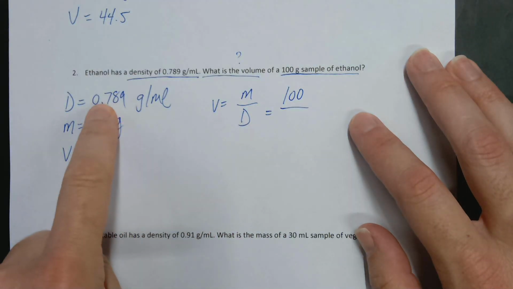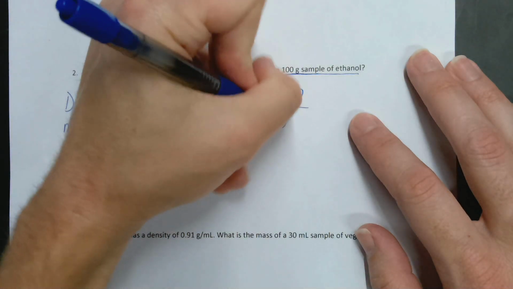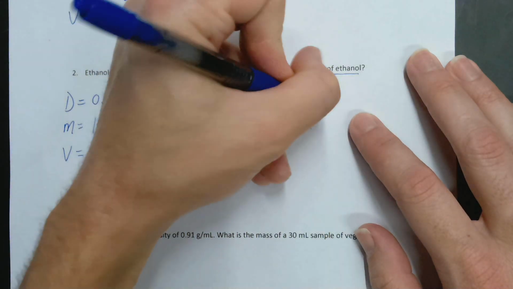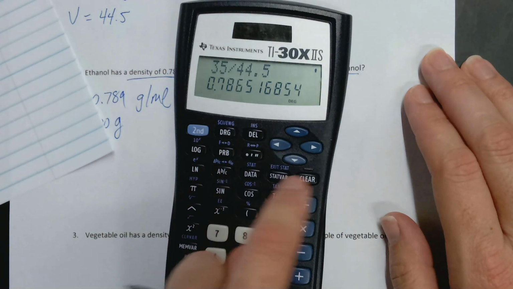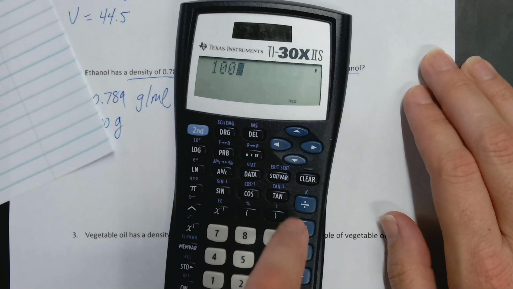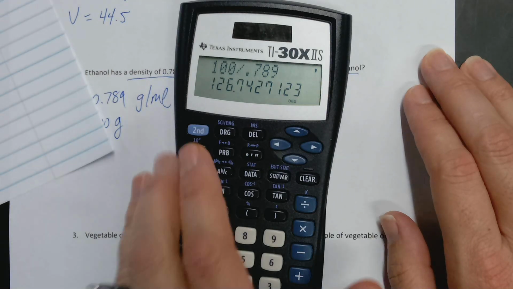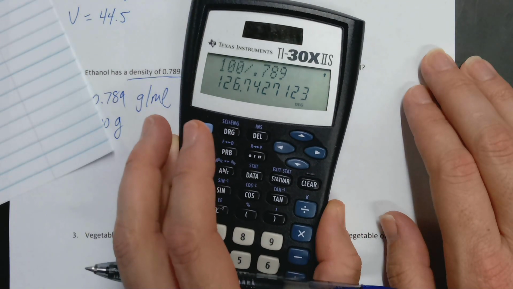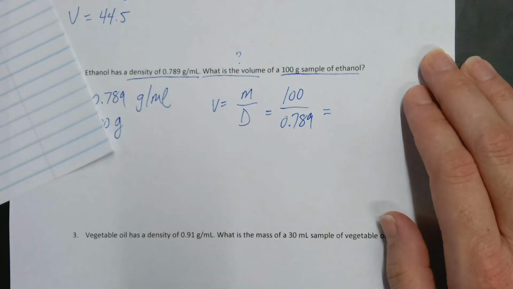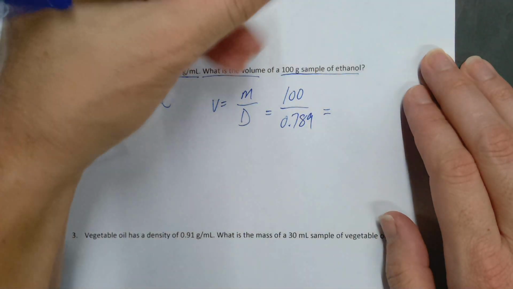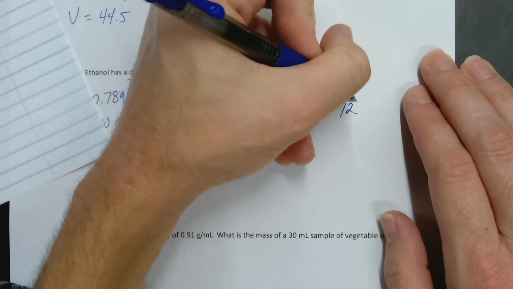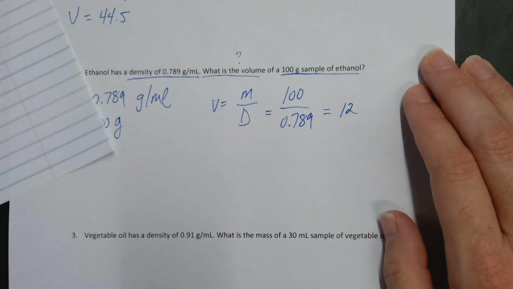I know that the density is 0.789. And so when I do that, 100 divided by 0.789 is 126.7 grams, or sorry, milliliters, 126.7.